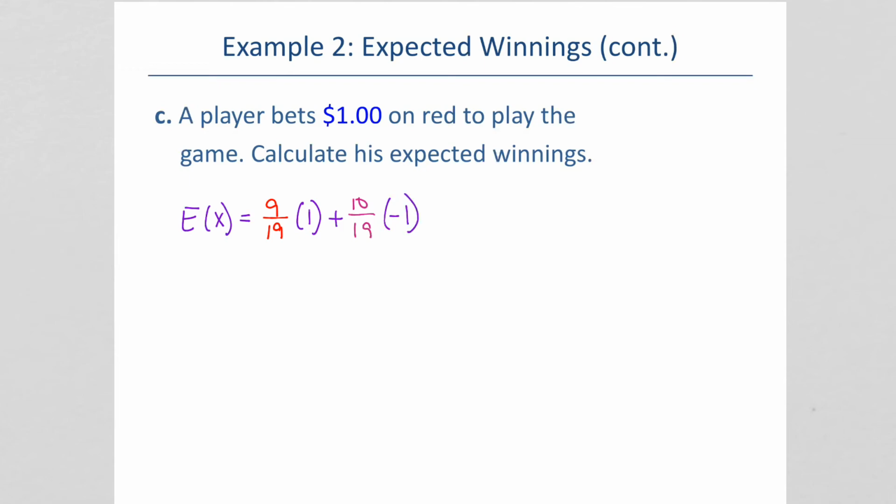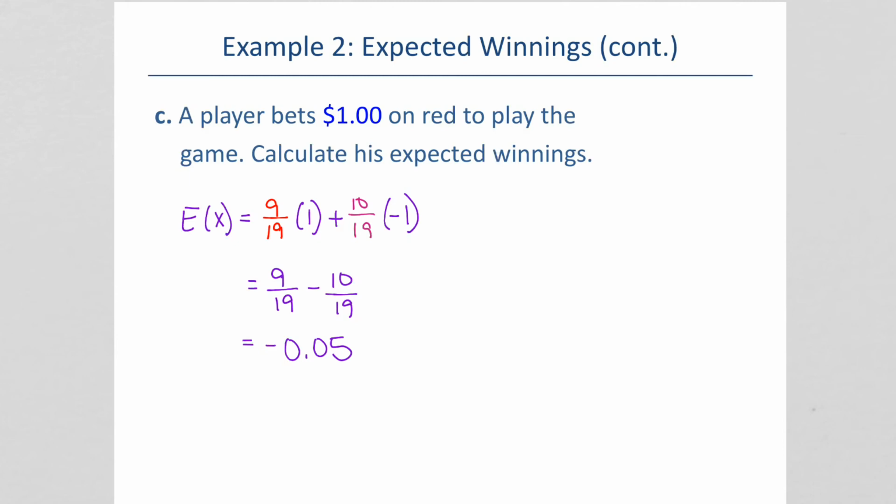So we're putting -1 because he's losing. So we just take 9/19 minus 10/19 and get his expected value is to lose 5 cents. Of course, that's not going to happen. He's either going to win $1 or lose $1.